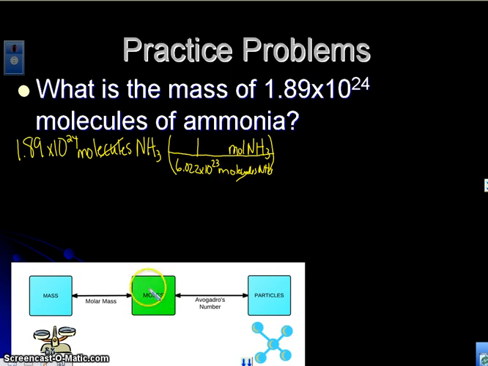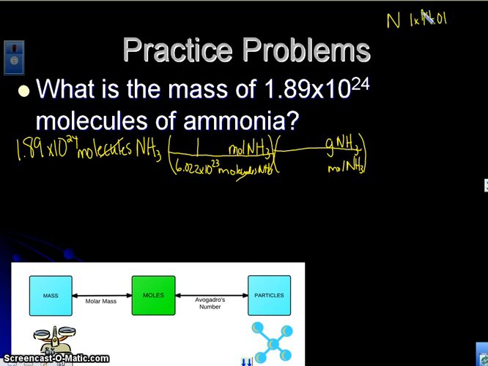Now that we have moles of NH3, we can convert to mass using the molar mass. So let's set up another factor. We're going to want moles on the bottom to cancel out. Always think about those units first. And we're trying to get to mass, so we're going to want grams on the top. Since NH3 is a compound, we're going to have to calculate the molar mass. If we look up the molar mass of nitrogen, we have 1 nitrogen, and that's 14.01.